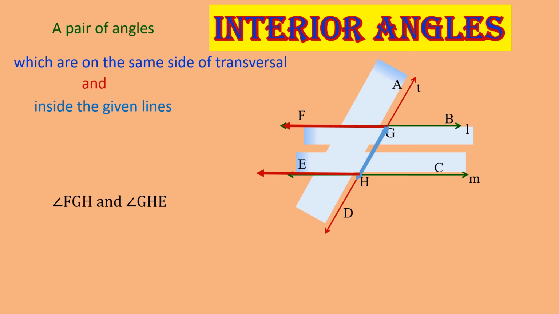They are also forming a U alphabet in horizontal order. Such a pair of angles is called an interior angles pair. That means our angle FGH and angle GHE are interior angles of the given transversal.